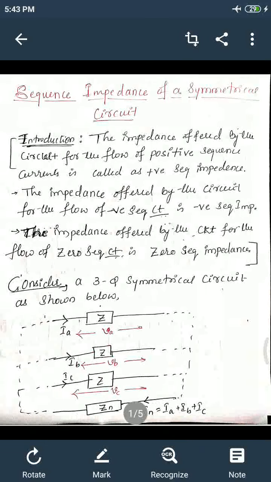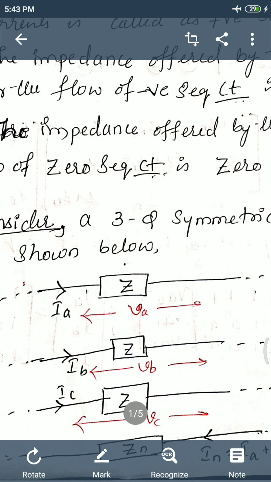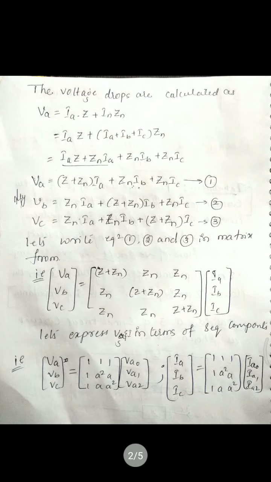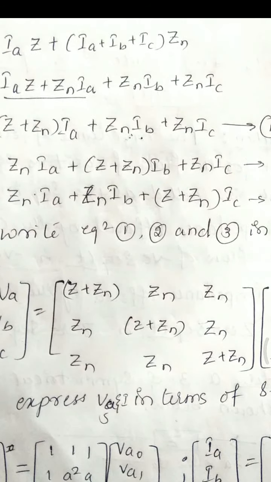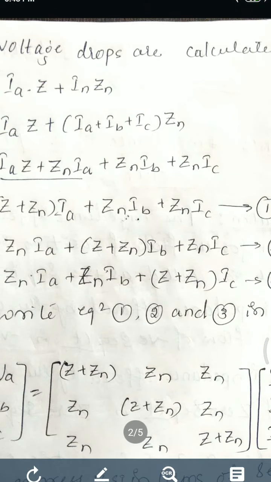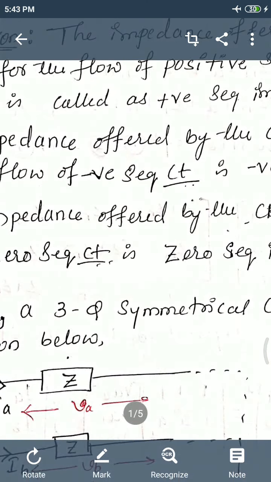So we can define VA equal to IA into Z plus IN into Zn. Now express IN as IA plus IB plus IC, because as you know, IN is equal to IA plus IB plus IC.